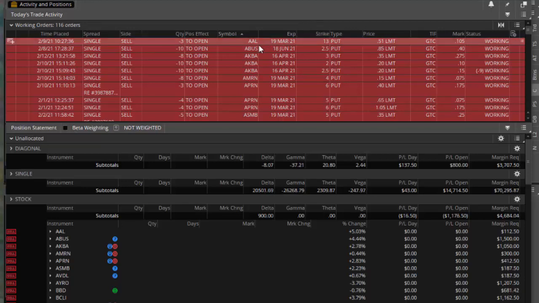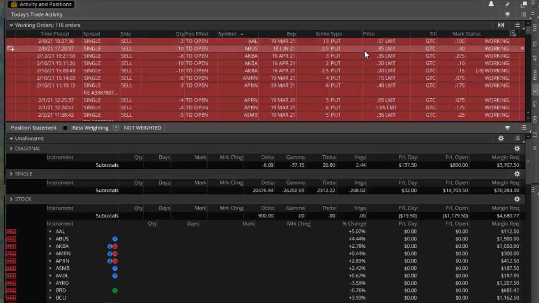So for example, AAL, American Airlines. What I'm trying to do here is to sell 3 put contracts at the $13 strike, which means it would cost $3,900 for a cash secured account to open this position. But because I have a margin account, that requirement is much lower than $3,900.